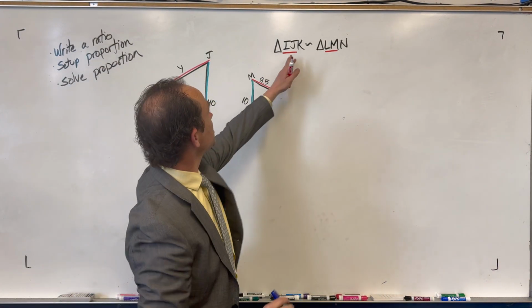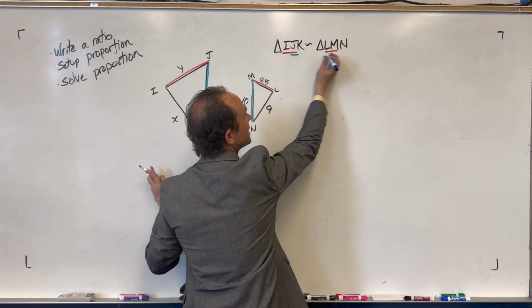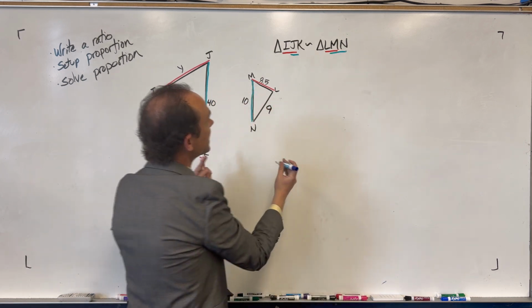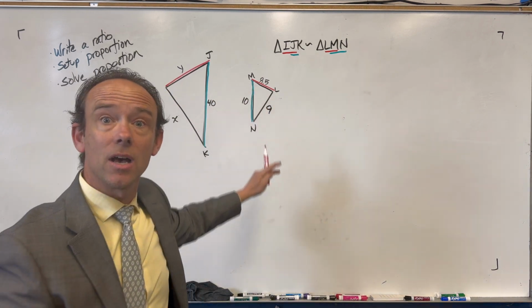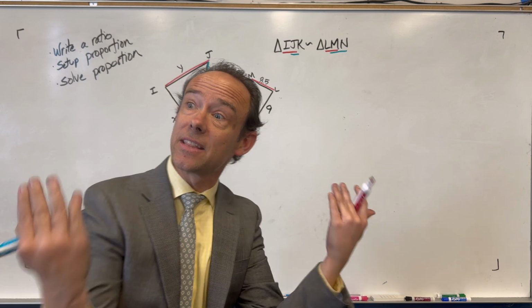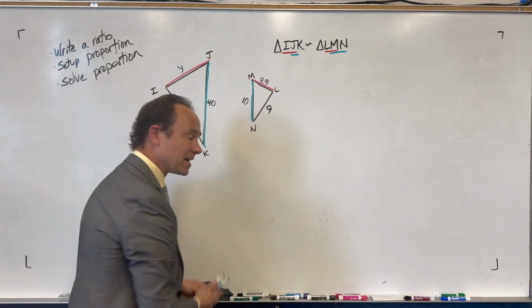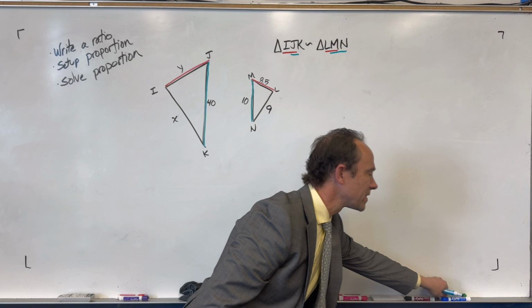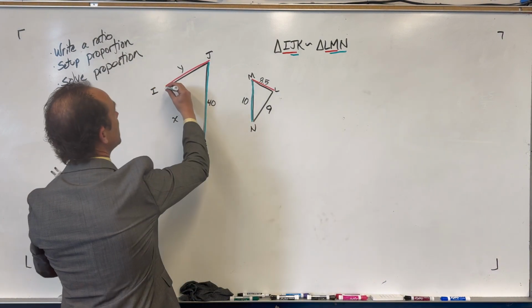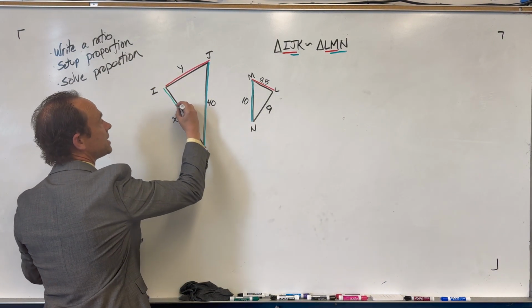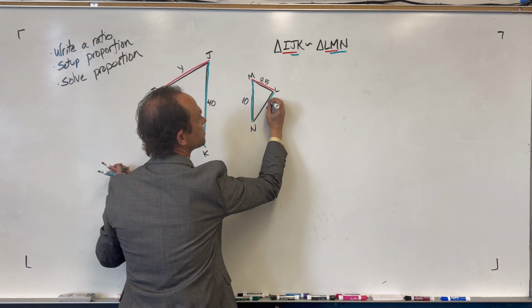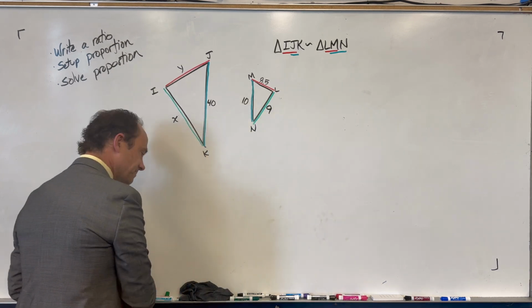And then by going JK as the next 2 letters, JK corresponds to MN, so they have the same ratio. The ratio between these 2 has to be the same as the ratio between those 2. And of course, if there are only 2 sides remaining, they must also correspond.